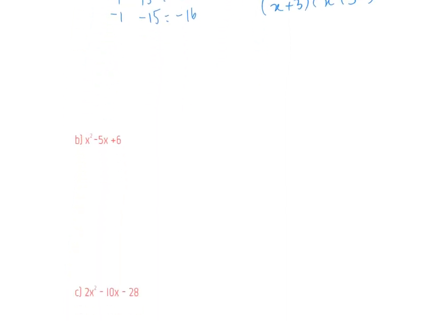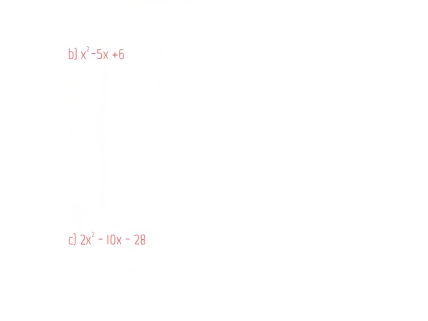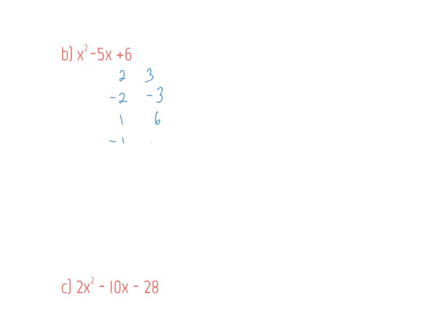Let's have a look at another example. All right, so let's write down the factors of 6 again. I have 2 and 3. I have minus 2 and minus 3. I have 1 and 6, and I have minus 1 and minus 6. Let's see which of these when I add give me minus 5. 2 plus 3 gives me 5, minus 2 plus minus 3 gives me minus 5, 1 plus 6 gives me 7, and minus 1 plus minus 6 gives me minus 7.